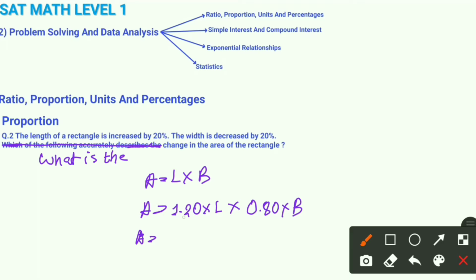So length multiplied by breadth multiplied by 1.20 multiplied by 0.80.